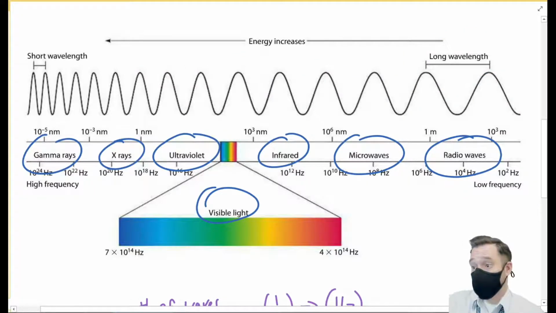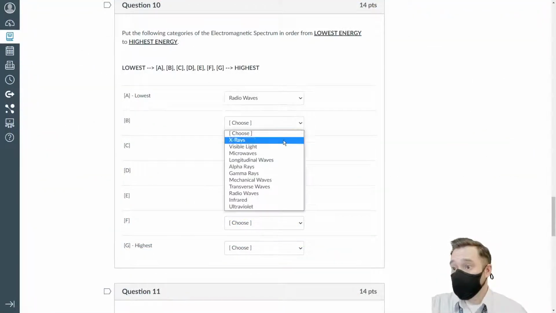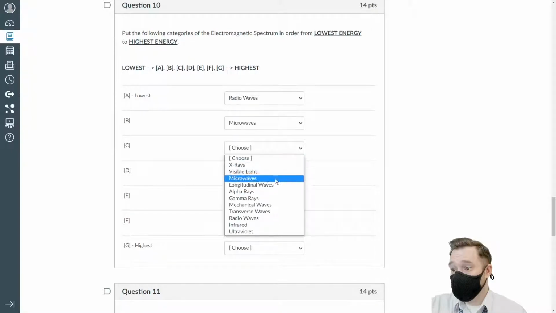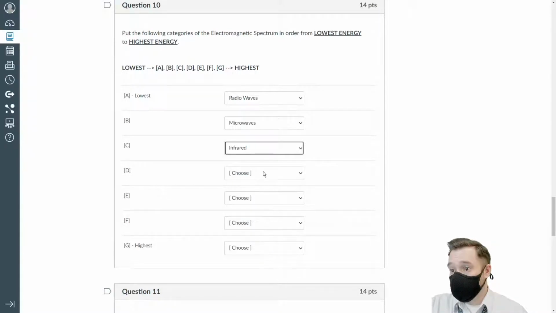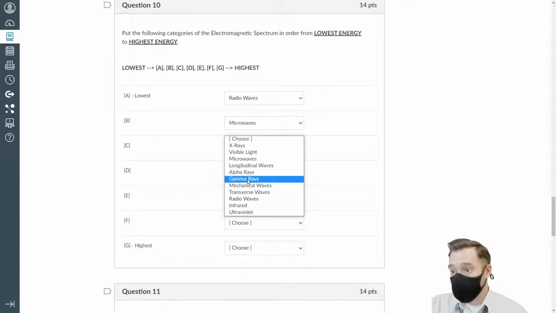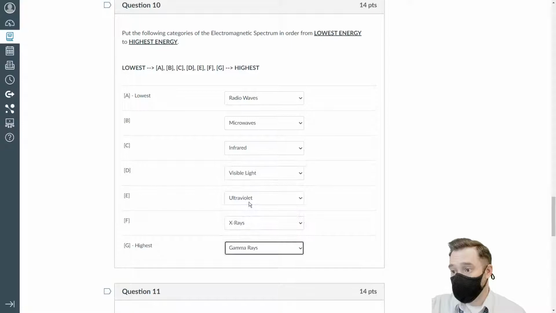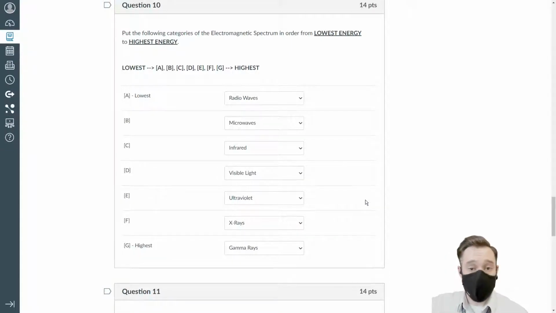So this order is going to be radio waves, microwaves, infrared, visible light, ultraviolet, X-rays, and then lastly, gamma rays. Now I put some extra ones in there just to make sure that you guys pay attention.